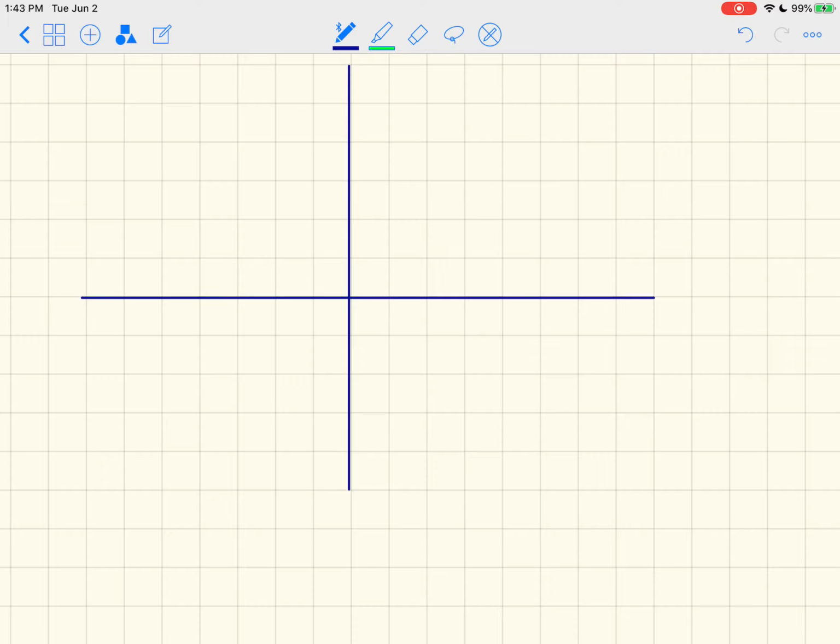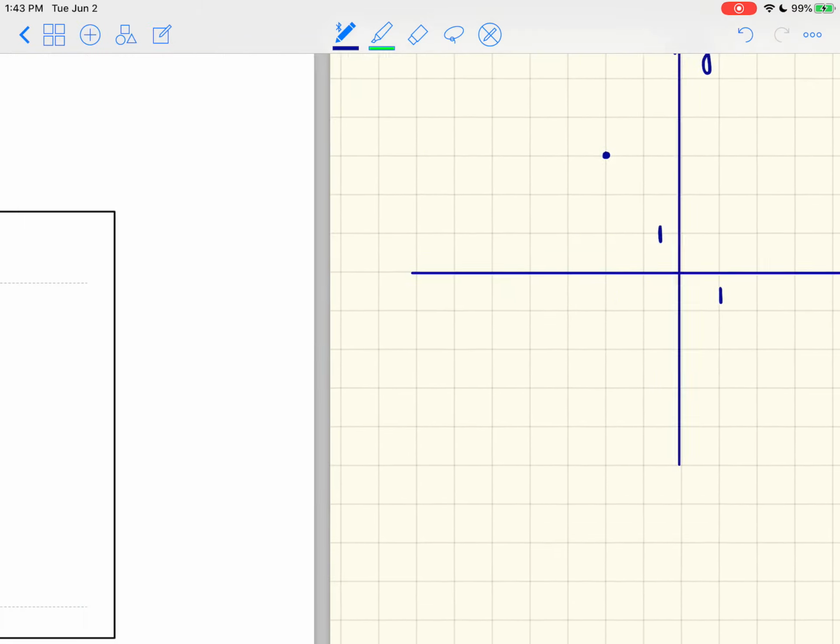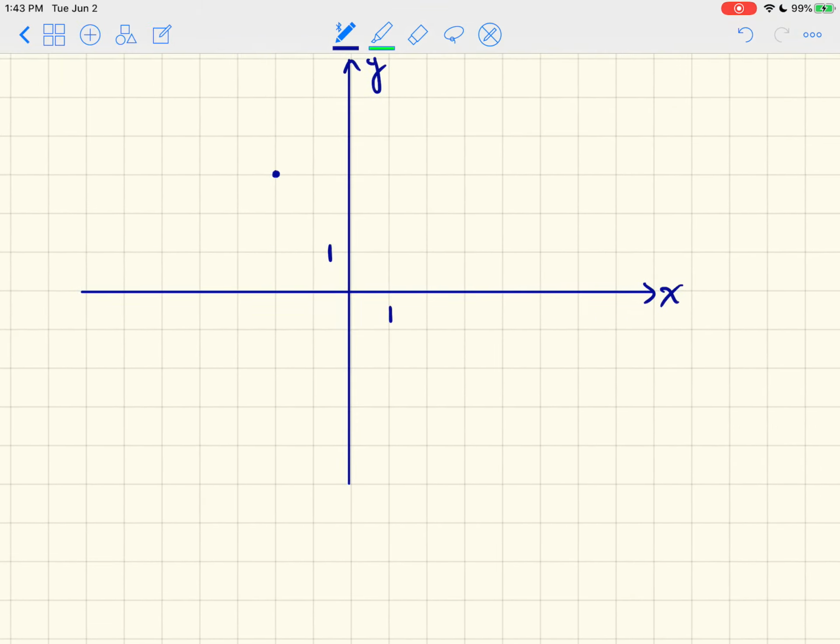Okay, so we have our x-axis, our y-axis. We're going up by ones. So this is negative 2, 3. This is the center of my circle, and the radius is 2. So I'm going to go 2 to the right, 2 up, 2 to the left, 2 down, and I'm going to do my best to make a circle.